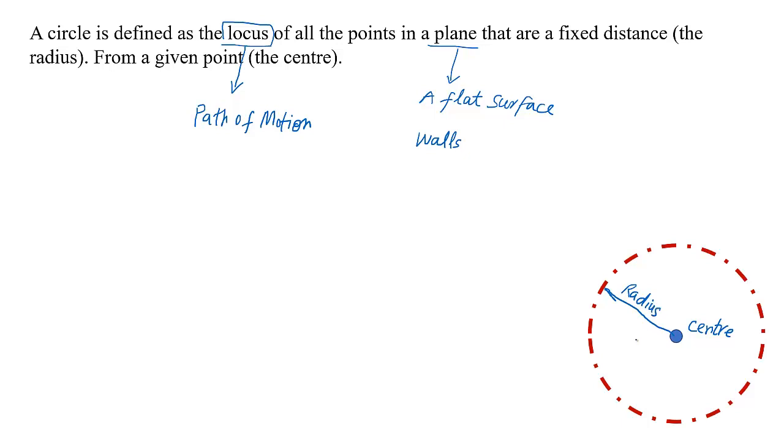You may also know that the line from one point of the border to the other point of the border is called the diameter. And the center is basically the midpoint of the diameter.